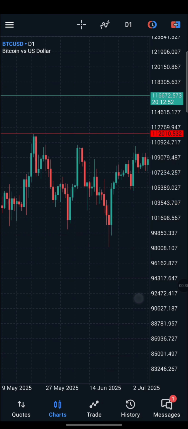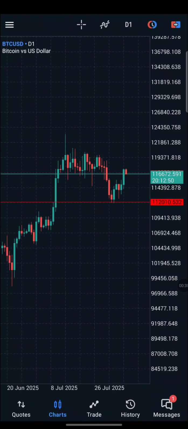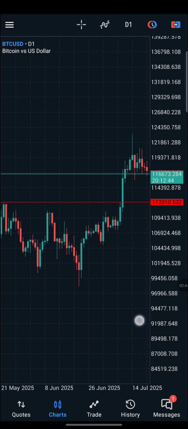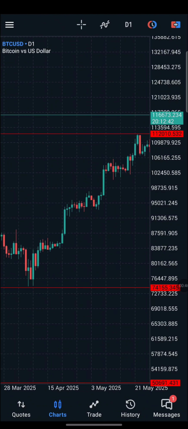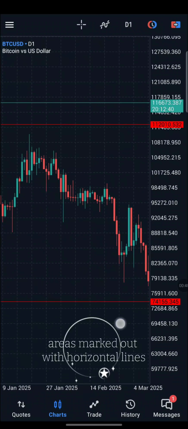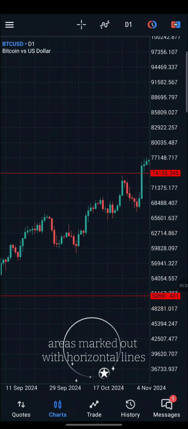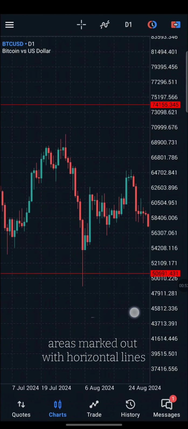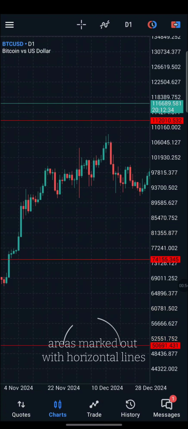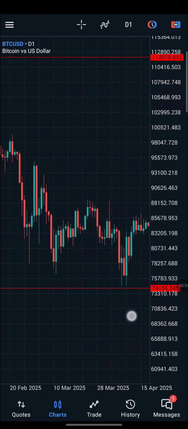I've already marked out the areas where there are important prices, important points, or rather, where there seems to be an impulsive move on the market in the chart.